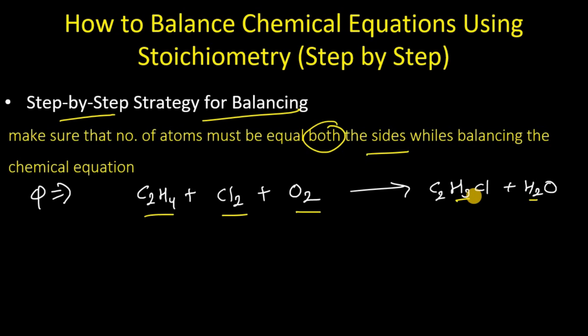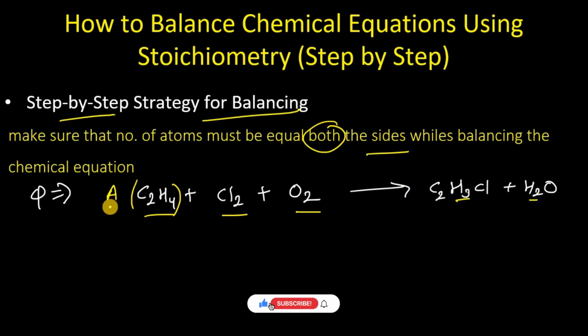First of all, we will write A here. Let's suppose A is not there, then we are saying that 1 mole of ethylene reacts with 1 mole of chlorine plus 1 mole of oxygen, and produces 1 mole of vinyl chloride plus 1 mole of water.